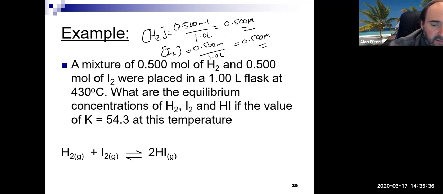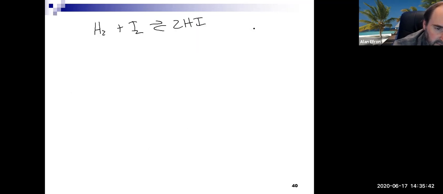So our initial amounts are 0.5 molar. You do want to convert into molarity before you go into the ICE table. So those are our initials, 0.5, 0.5. And we weren't given any information about the HI, so it's safe to assume we are starting with 0 there.